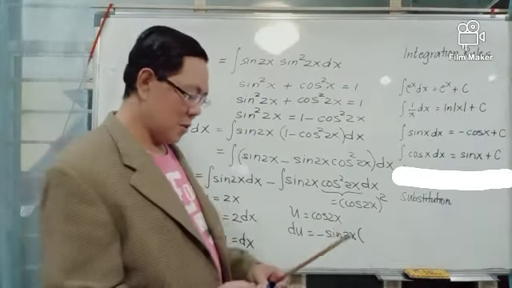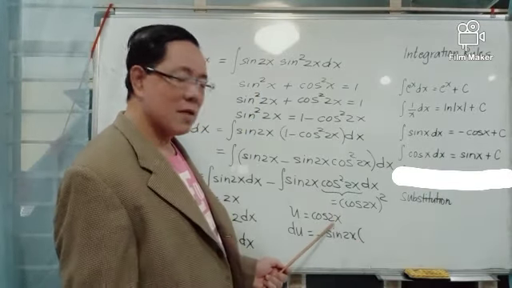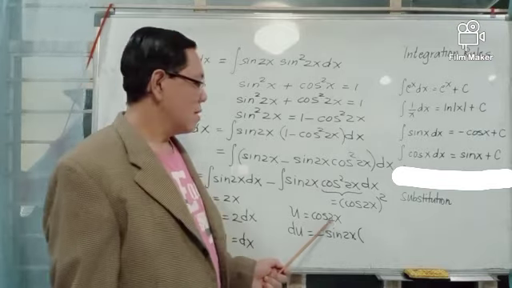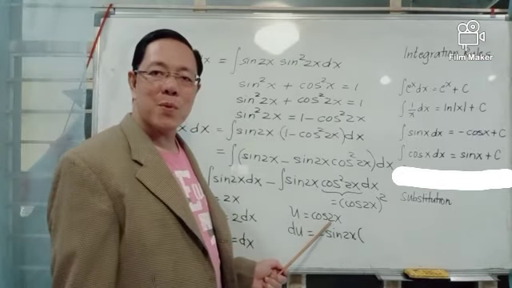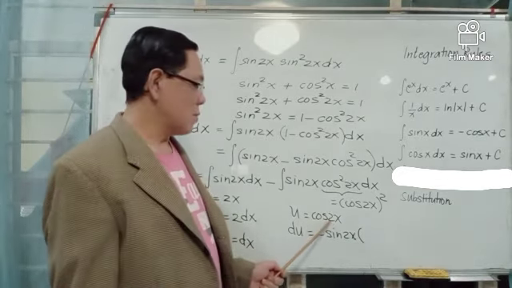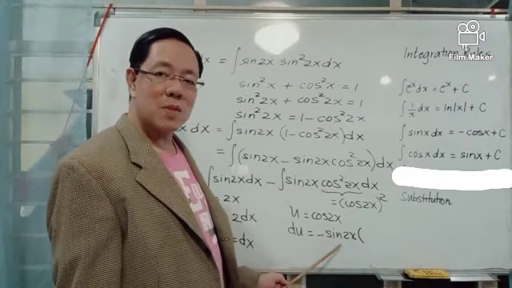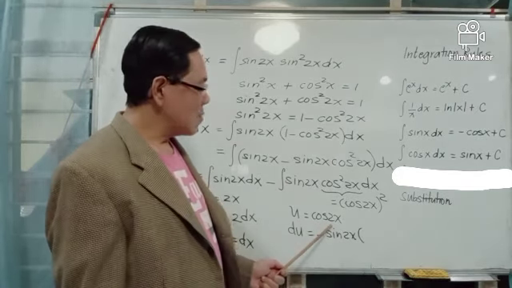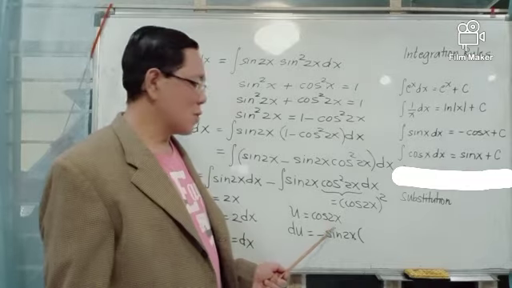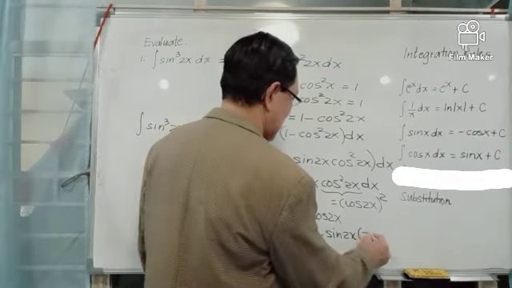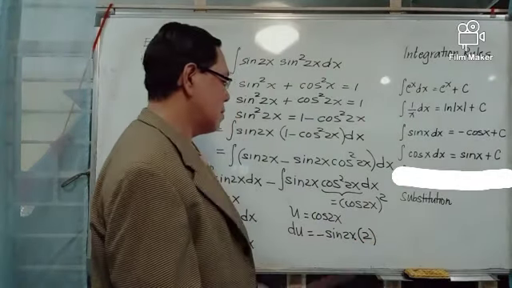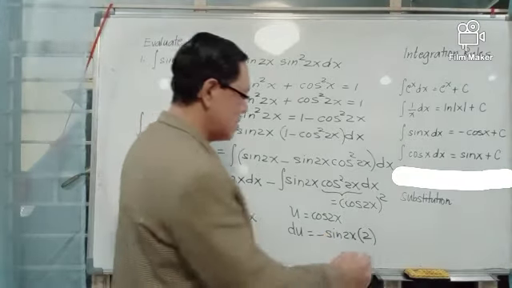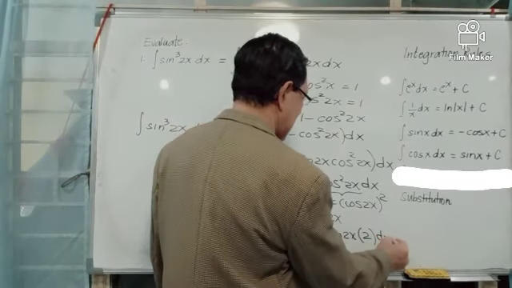And by the chain rule, because the angle here is not simply x and has a coefficient of 2, the derivative of cosine is negative sine 2x times the derivative of 2x, which is 2, multiplied by the differential of x, or dx.